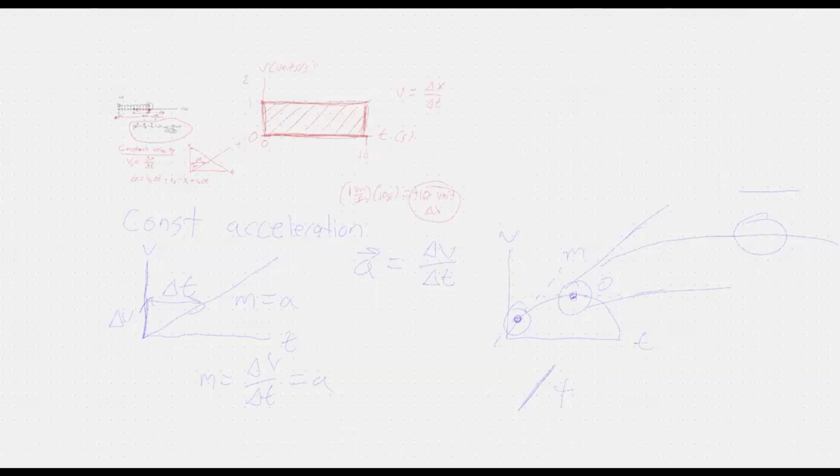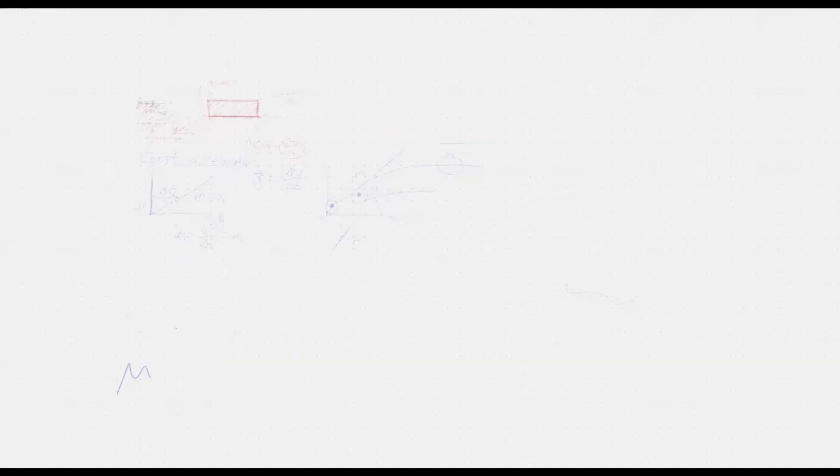Okay. What happens then if we were to be graphing? All right, let's go back to our graph that had constant acceleration, that had velocity versus time, like this, where the slope is the acceleration. How would I determine what the position versus time graph should look like?